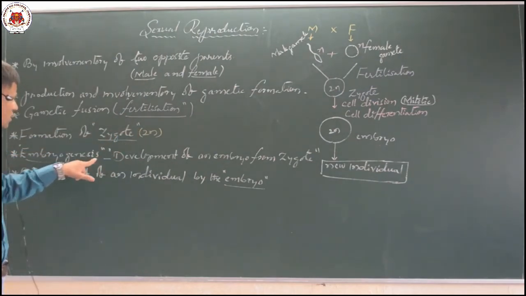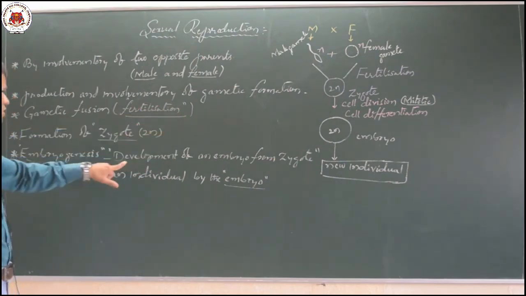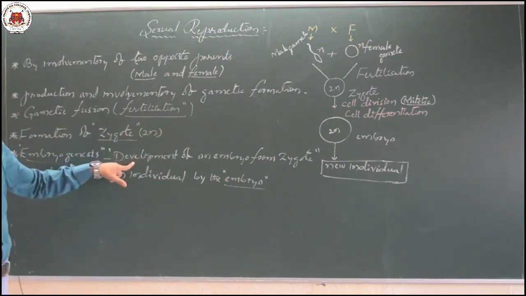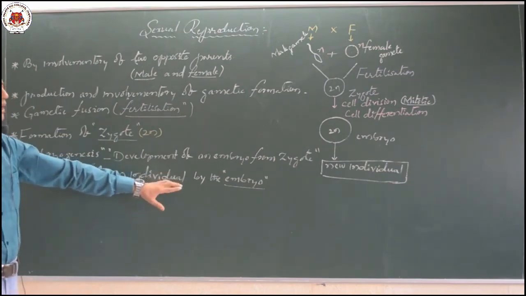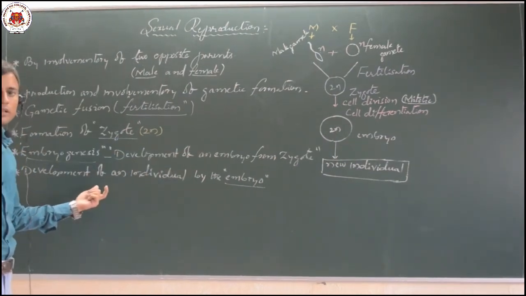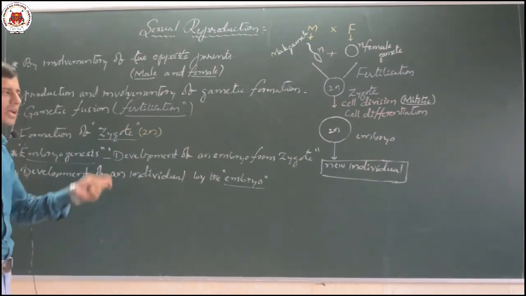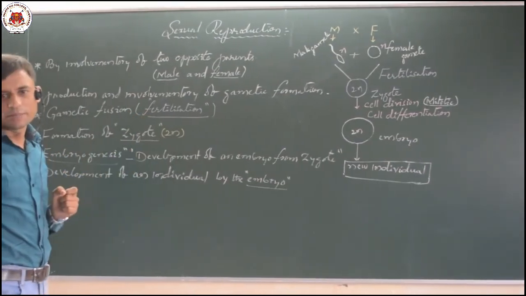The zygote undergoes cell division, resulting in embryo development. Then the embryo develops into a new individual. This is the basic sequence that occurs in sexual reproduction.